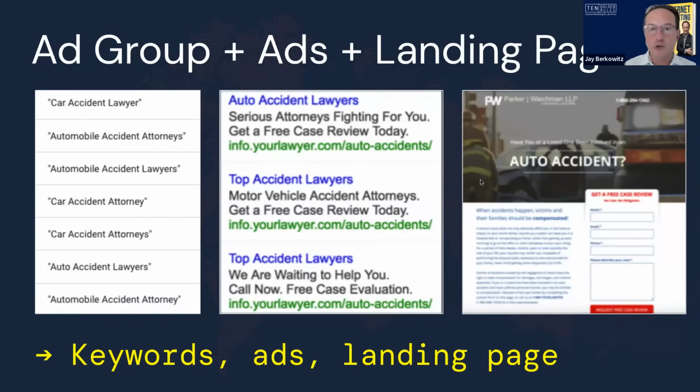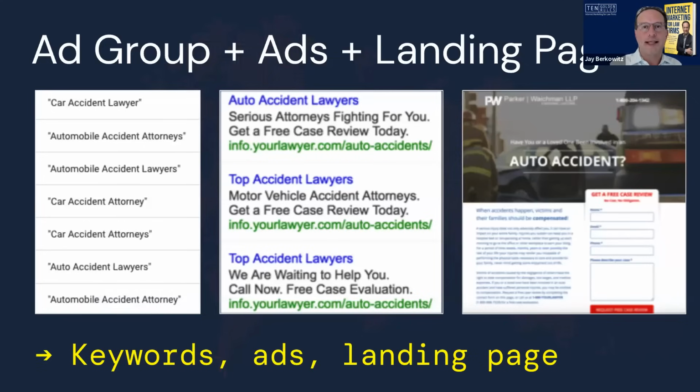So that as a consumer, obviously it doesn't make any sense if I search for nursing home attorney and there's an ad that says auto accident lawyers, serious attorneys fighting for you. It's like, no, my parent was injured in a nursing home. So you want to be as precise as you can in setting up the campaign. And again, this is one of those red flags you want to review with your agency, because if the ads aren't precise, you're not going to get a high click rate.